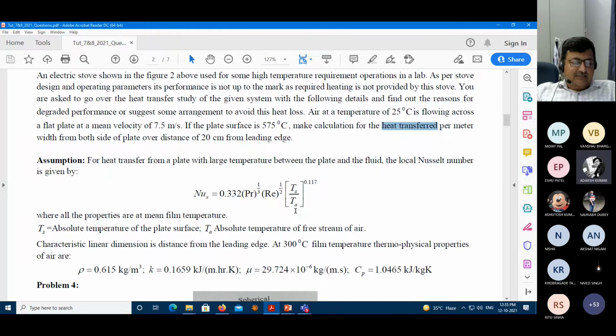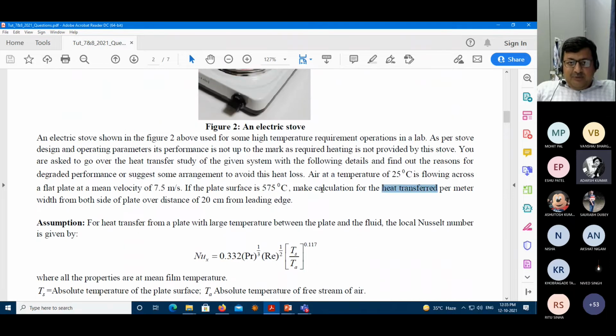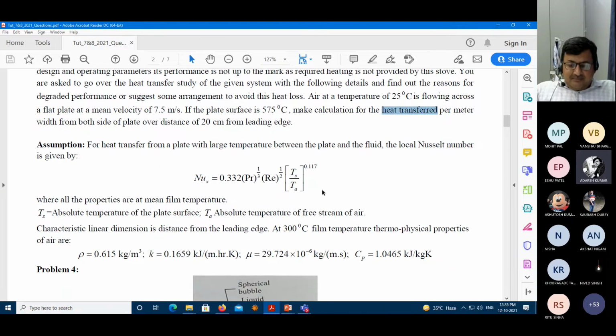One is what is the Nusselt number, and since this is Nu x, you are going to get the local heat transfer coefficient, that is h x. See, all the things that we read, we are bringing the entire thing into practicality. That's the beauty of doing the numericals.